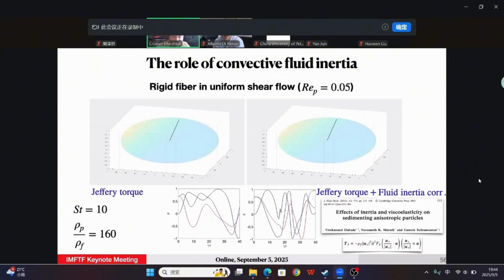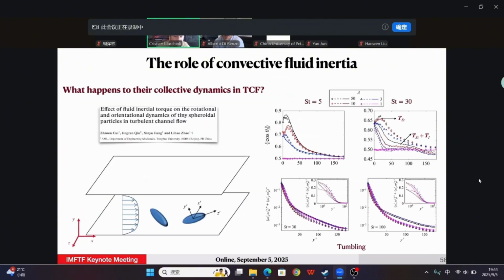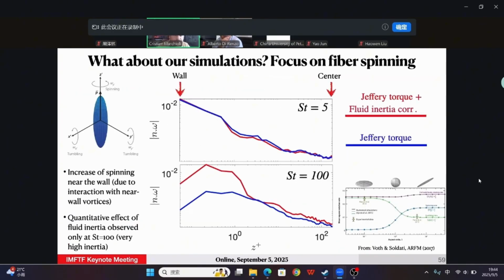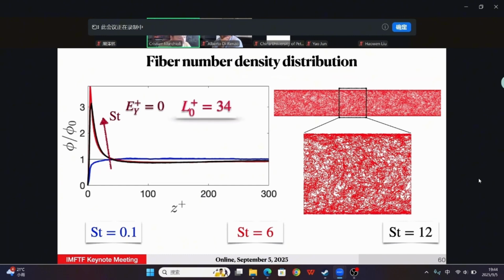And again, if I am allowed a few more minutes, these are works that somehow prove the importance of the inertia of the fluid. I just want to show something about the spatial distribution of the plastics when they are dispersed in a flow of air, related to their tendency to accumulate at the wall.